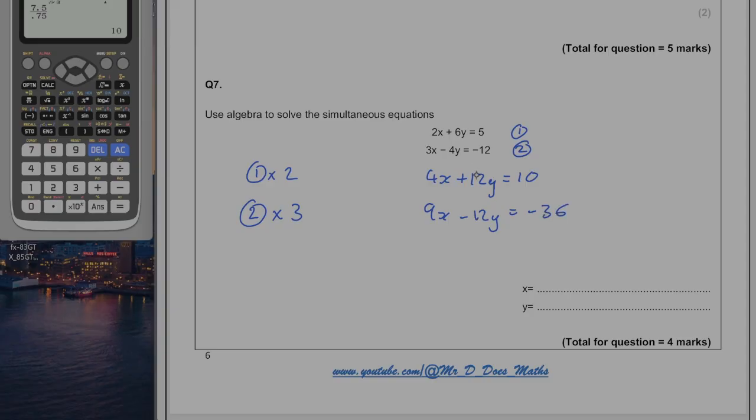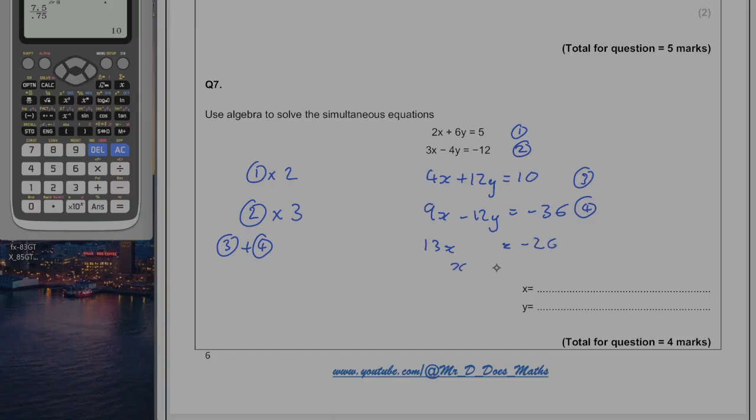And then now I've got 12 in both. One's a positive, one's a negative, so I'm going to add the 2 equations together. If I call those 3 and 4, equation 3 plus equation 4 is going to be equal to 13x is equal to minus 26.